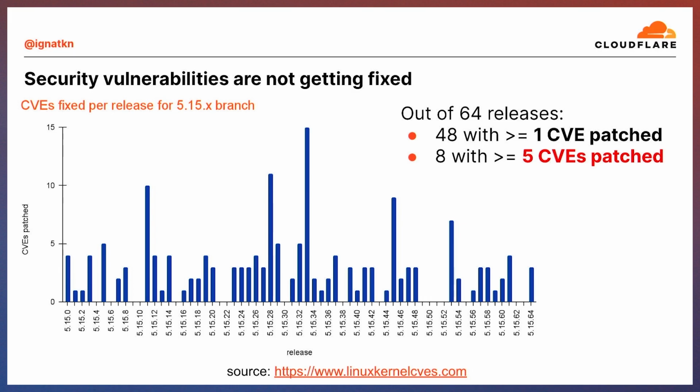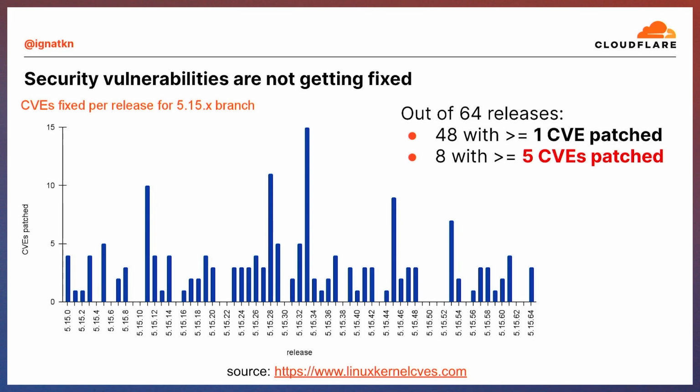More than 75% of weekly releases have some kind of CVE patched, at least for this kernel. And there were 8 releases with more than 5 CVEs patched. So it's pretty high. If you miss one release, you're missing a lot of CVEs.